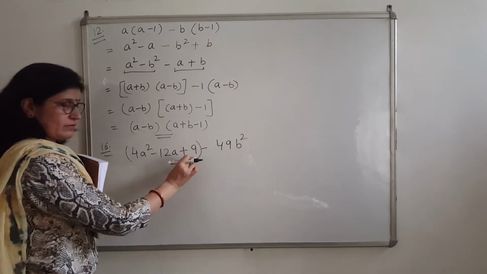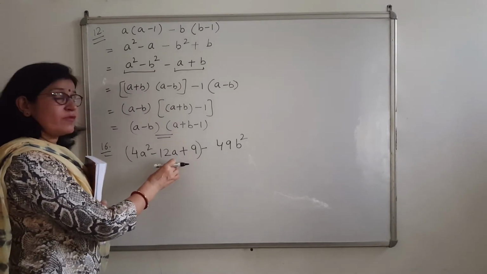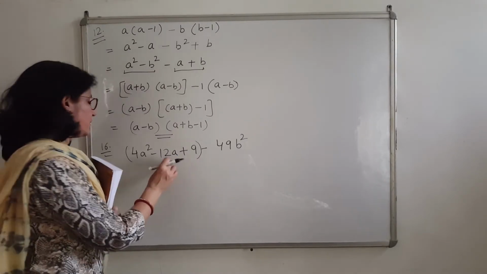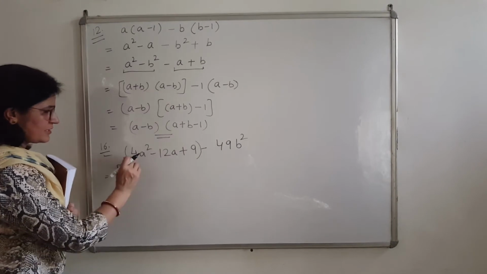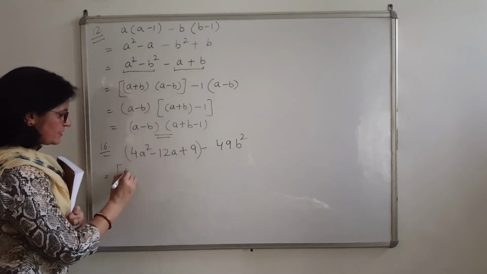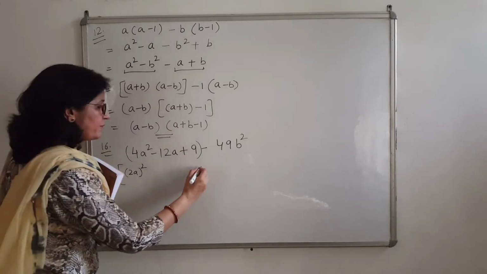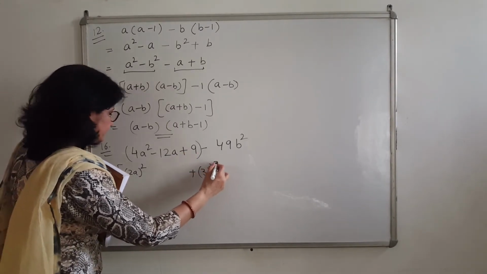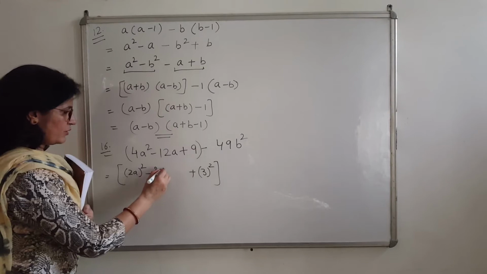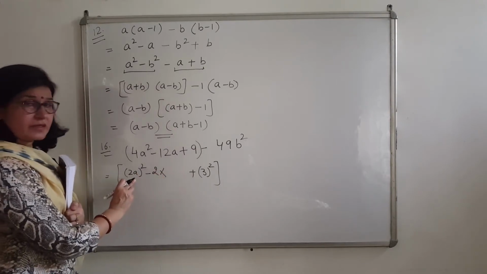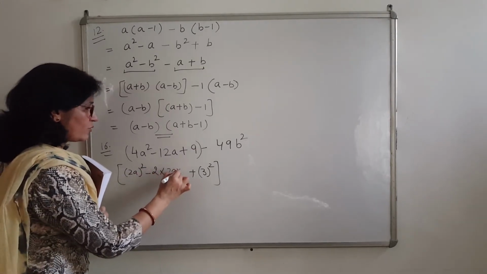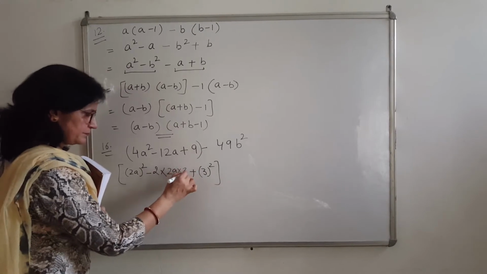If we take 3 terms together and change them into the form of the square of a binomial, we can write it like this. 4a square we can represent as 2a whole square. 9 we can write as 3 square, minus 2 into first term, that is 2a, into second term 3.